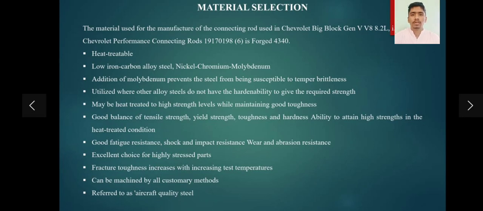Addition of molybdenum prevents the steel from being susceptible to temper brittleness. Utilized where other alloy steels do not have the hardenability to give the required strength. May be heat treated to high strength level while maintaining good toughness.